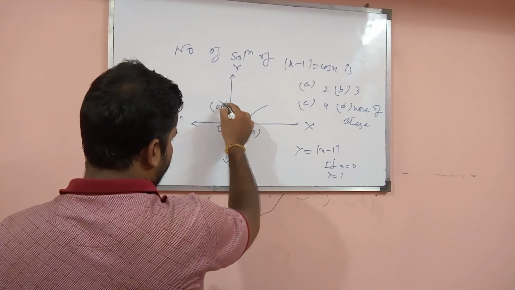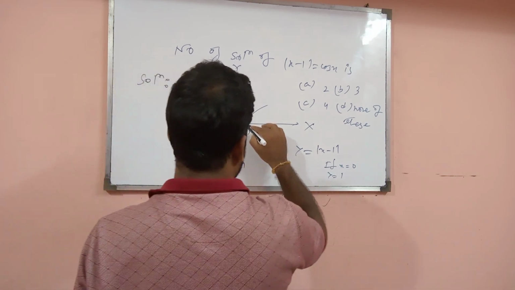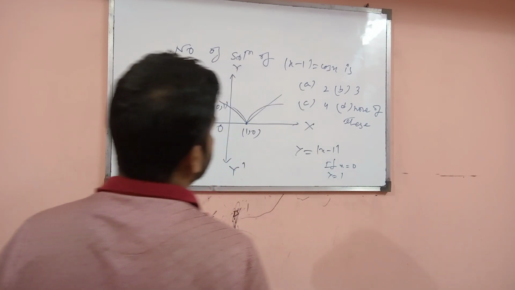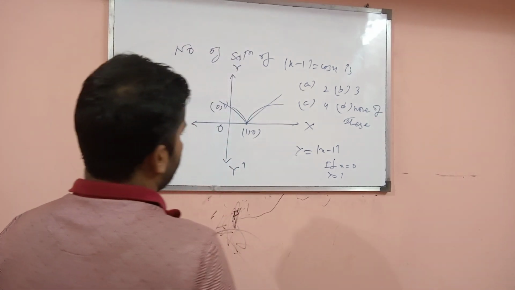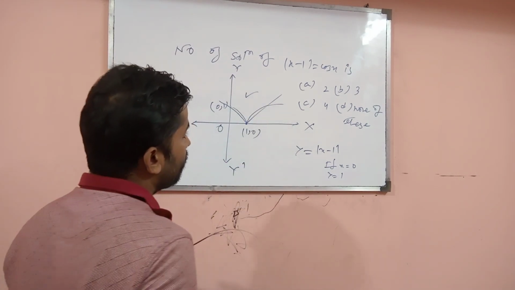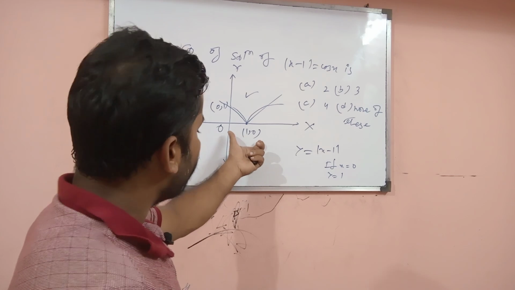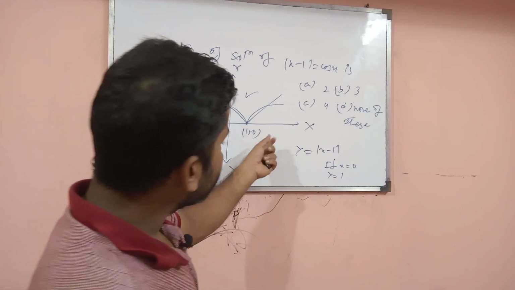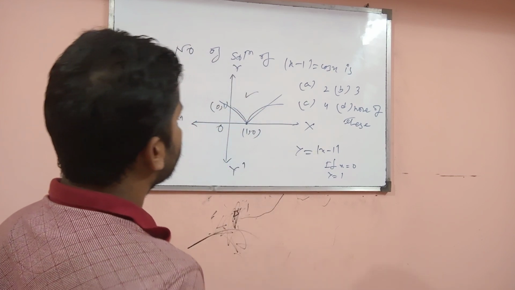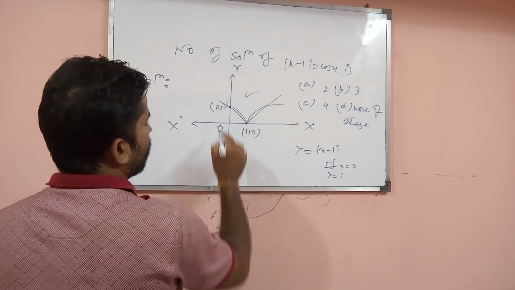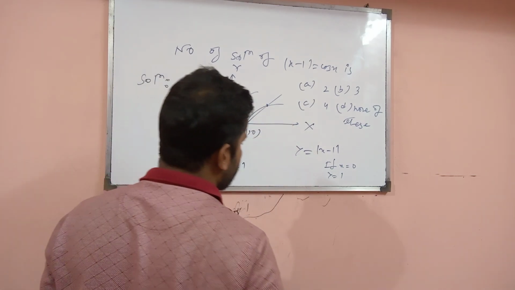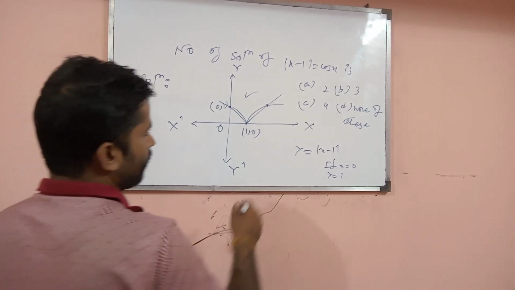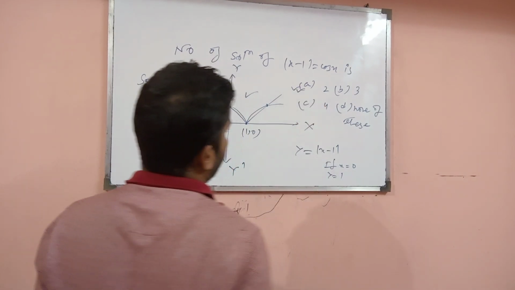So its curve will be like this. Through this graphical representation, we are certain that these two curves meet at 2 points. One point of intersection is this and the other is this. So there shall be 2 points of intersection. Therefore, the appropriate answer will be option A.